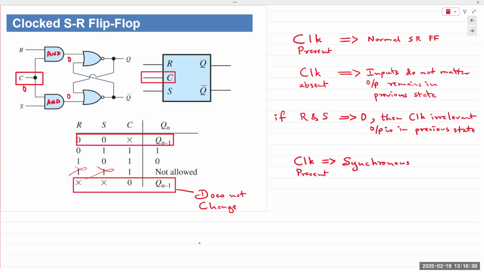If the clock is absent, the circuit does not have a clock. All computing devices are kept in sync by a clock signal. CPUs, GPUs, processors, graphics processors, memory, memory access, storage, everything is kept in sync by a single clock signal.